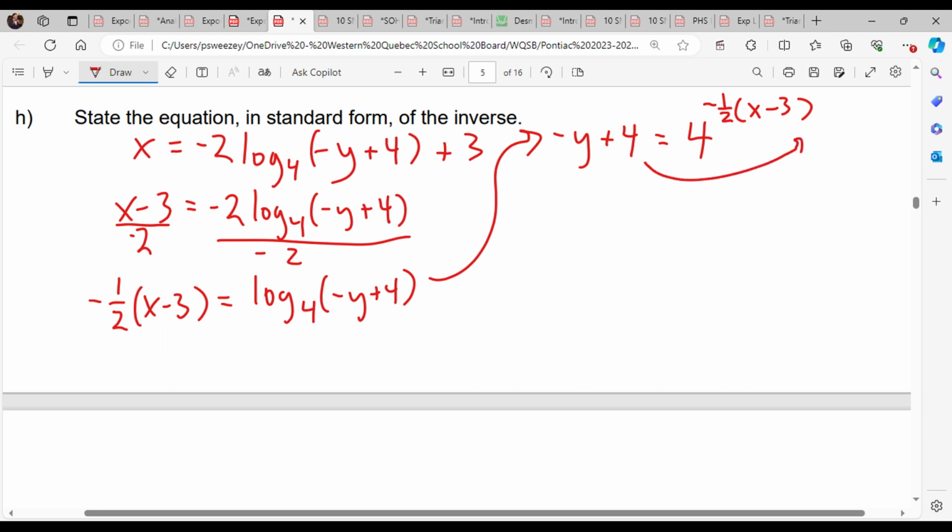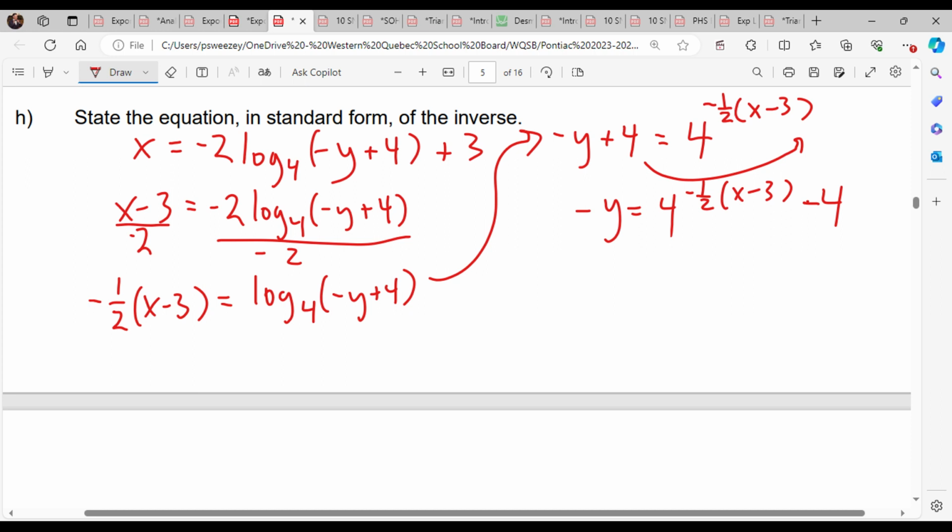Let's bring the 4 over. -y is equal to 4 to the power of -1/2 x minus 3. I subtract the 4, I now have a k, right? But wait a minute, the y isn't by itself. I knew I started out with h is 4, k is 3. I was hoping they swapped.